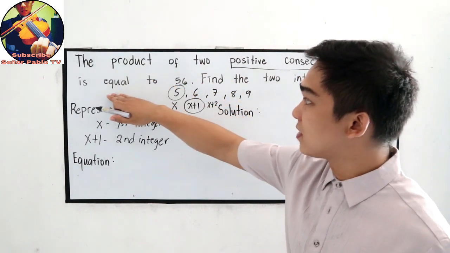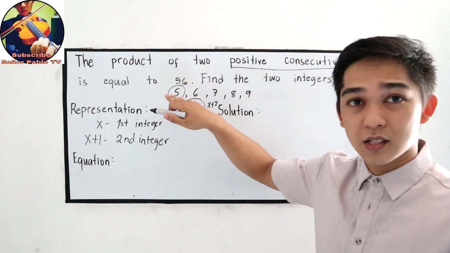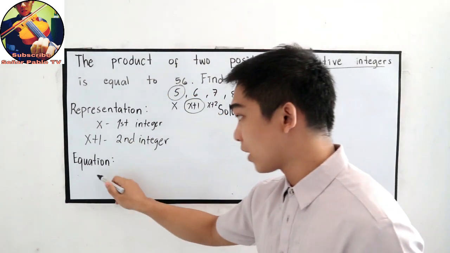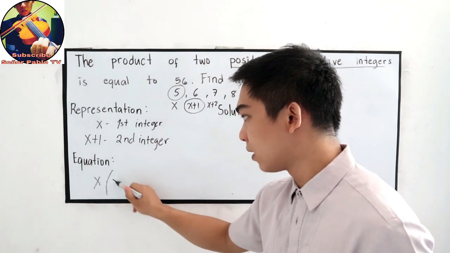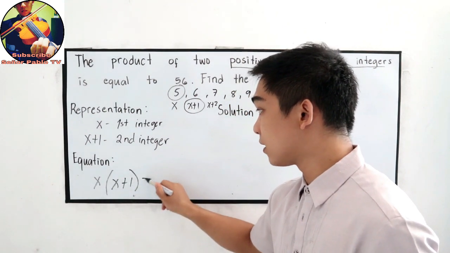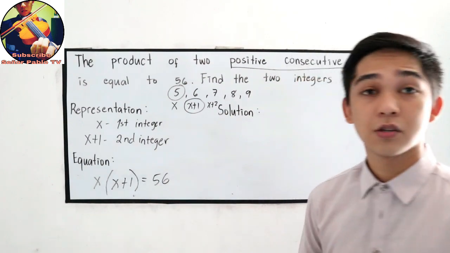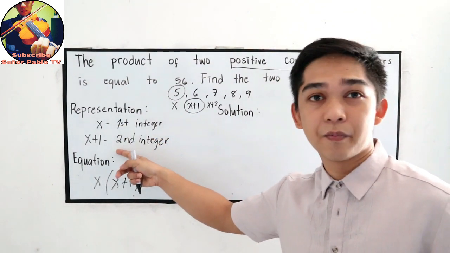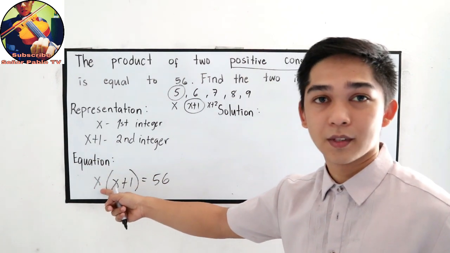Whose product is equal to 56? So their product is 56. So our equation, x times x plus 1 is equal to 56. You just need to multiply the first and second integer. That will be our equation.